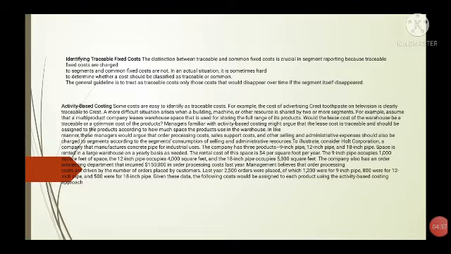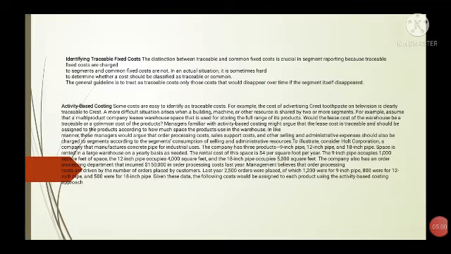The company also has an order processing department that incurred $150,000 in order processing cost last year. Management believes that order processing costs are driven by the number of orders placed by customers.